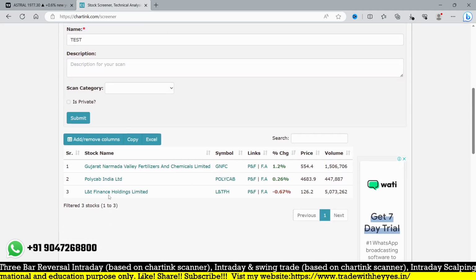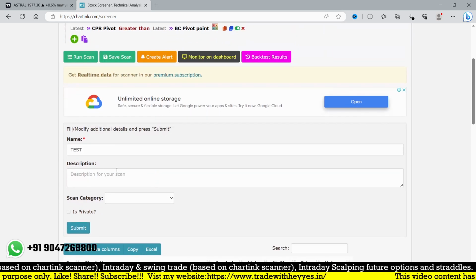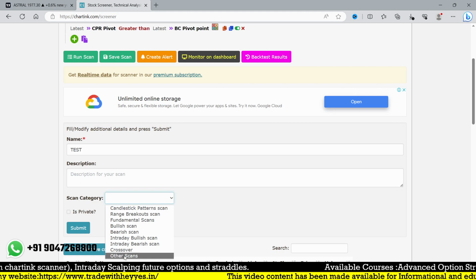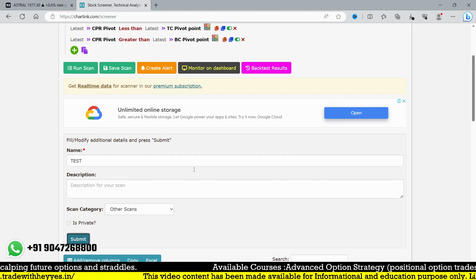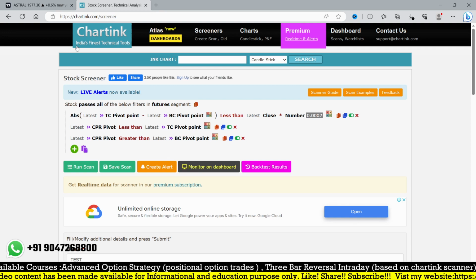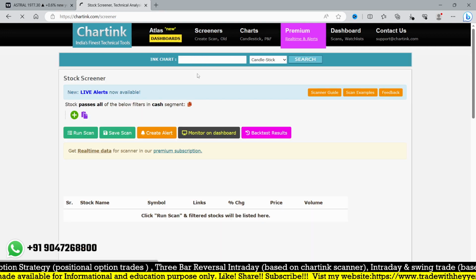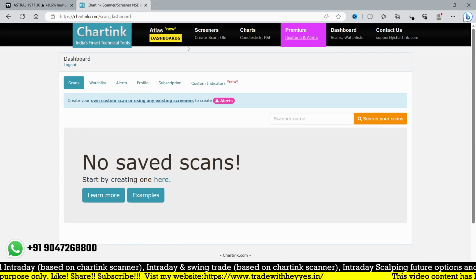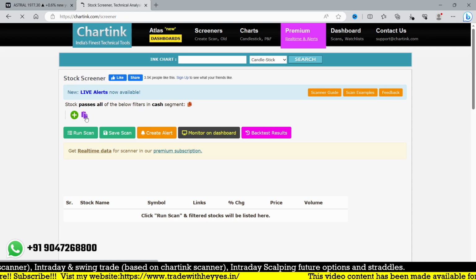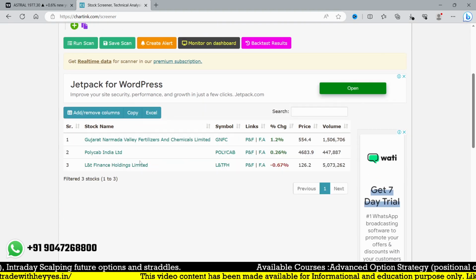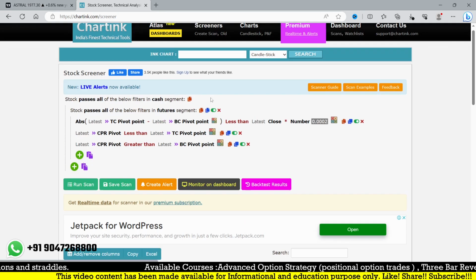we'll look at this L&T Finance Holding. I think there is some issue on this. I think this channel is not saved. Okay, but if you are running this, we will be getting L&T Finance Holding also in this.